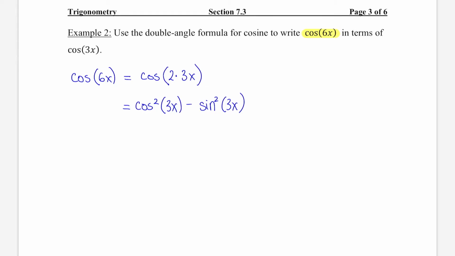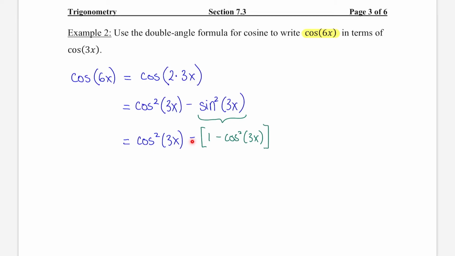I was able to reduce the angle from 6x to 3x. However, they don't want to have sine of 3x in here. They only want to have it in terms of cosine of 3x. So I need to replace this sine square of 3x with something with cosine. I am using the Pythagorean identity. Sine square of 3x is equivalent to 1 minus cosine square of 3x. So I have cosine square of 3x minus 1 minus cosine square of 3x.